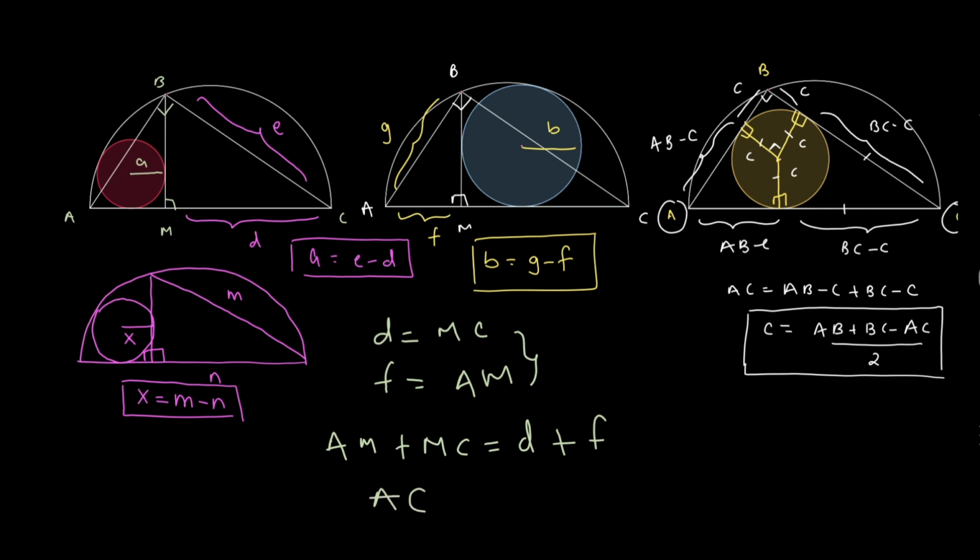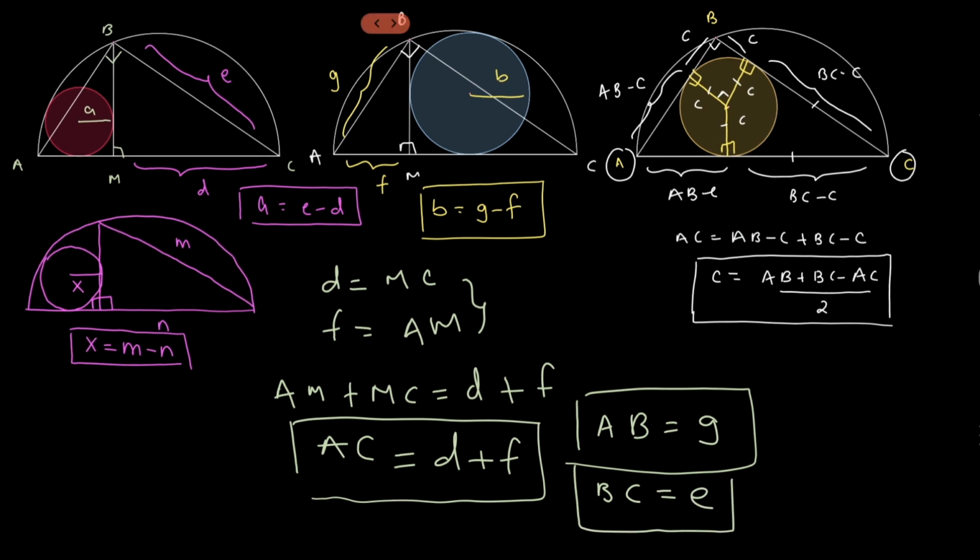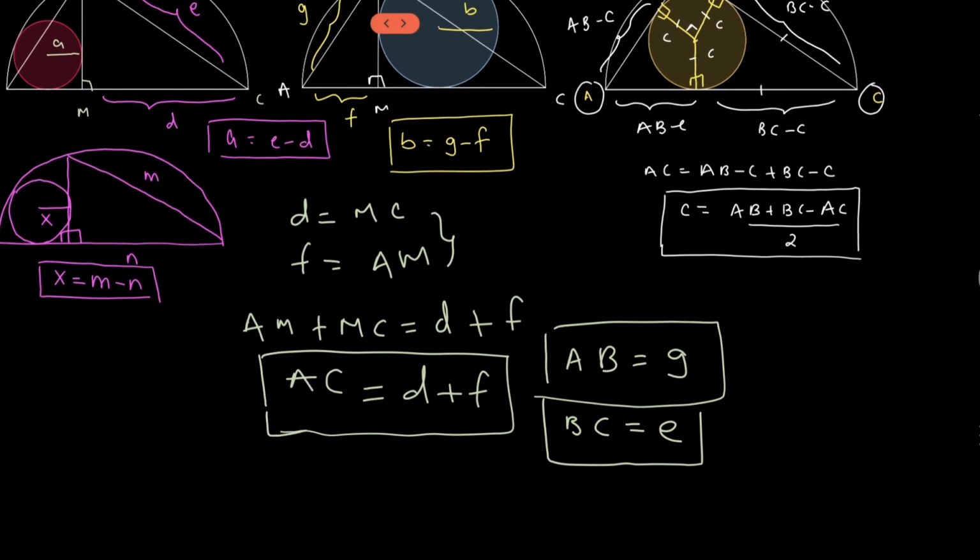So here we have the value of AC, that is D plus F. And now from this second diagram, the direct value of AB is going to be equal to G, and from the first diagram, the direct value of BC we have taken as variable E. So now here we can see that we have got the value of AC, AB and BC in terms of D, E, F, G. So we can assemble this thing over there. We will simply replace AB, BC and AC with these values.